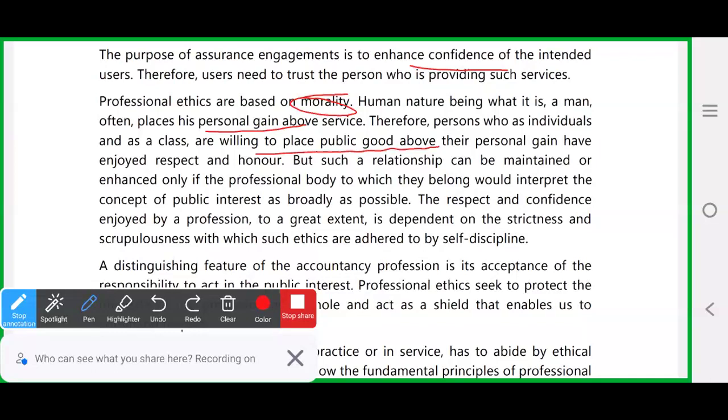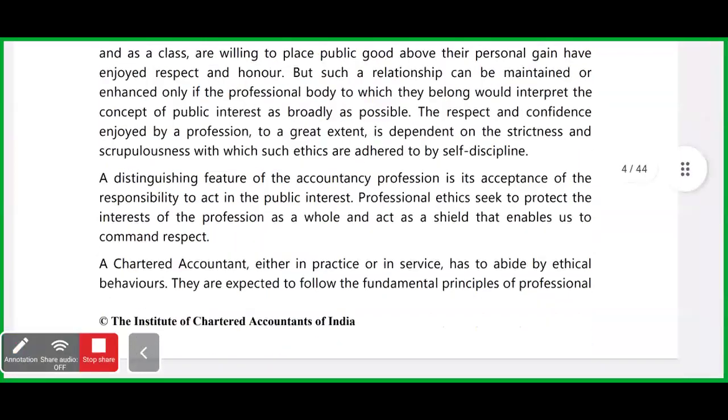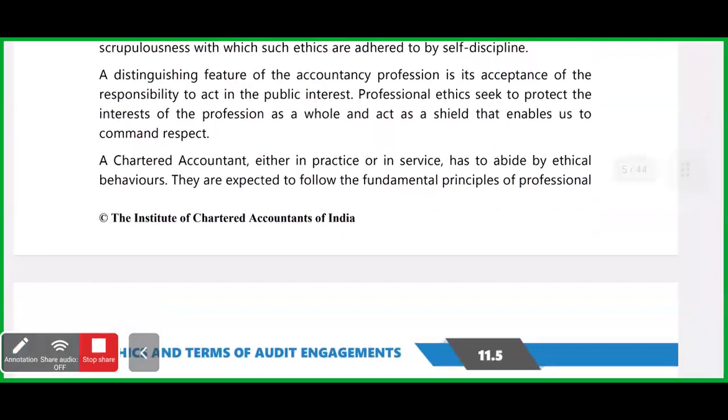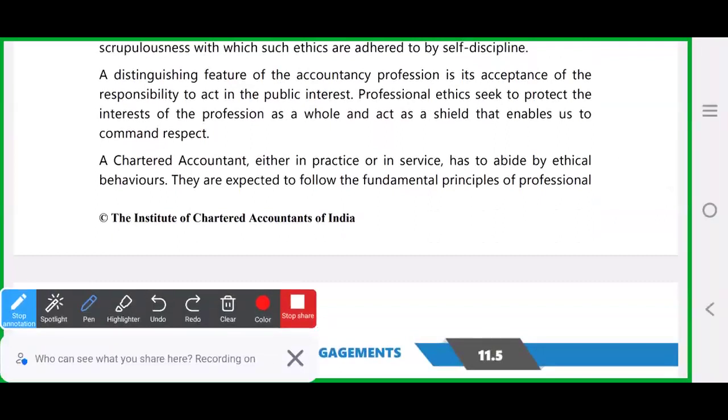So considering society's honor, society's respect, society's welfare above one's own personal good, and whatever is in public interest, comes under professional ethics. A distinguishing feature of the accountancy profession is its acceptance of responsibility to act in the public interest.